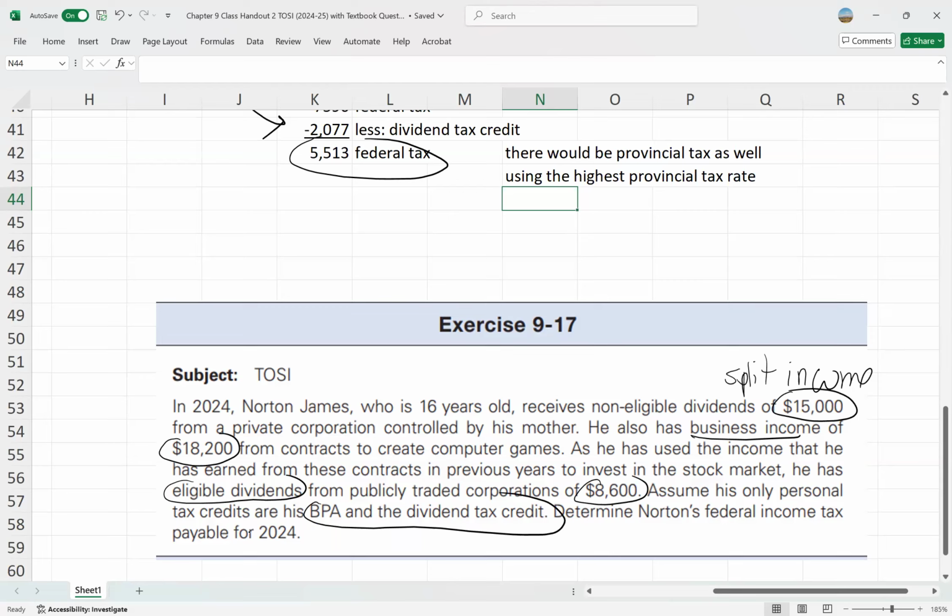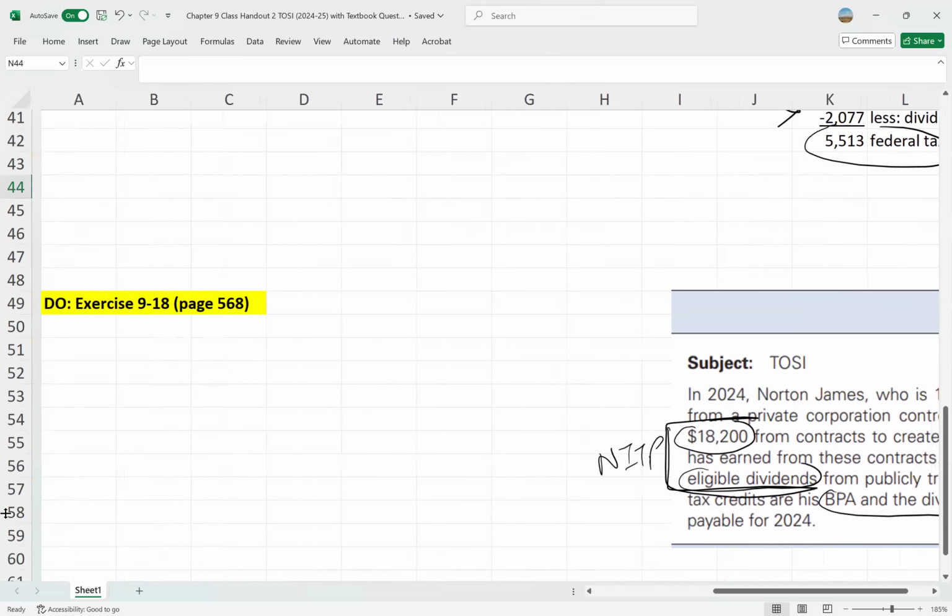So let's see what would happen with Norton. The business income and the eligible dividend would be part of his net income for tax purposes. And we would follow those rules to figure out how much tax he owes on those amounts. But the 15,000 will be separated.